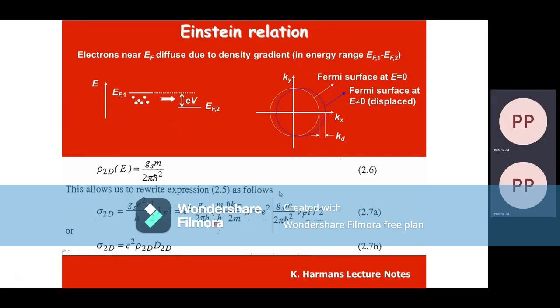So if we substitute that into the conductivity, we can simply rewrite the previous expression, pulling out this density, and after very simple math we get that the conductivity in 2D is proportional to the density of states in 2D times the diffusion constant. This expression can also be generalized for 1D, and also for 3D, which has the same functional form.